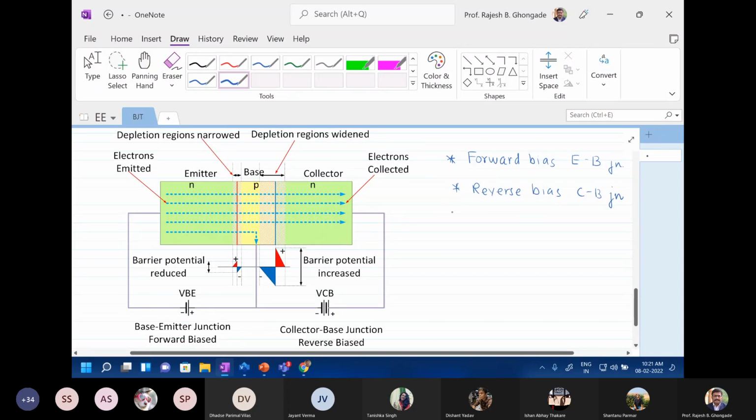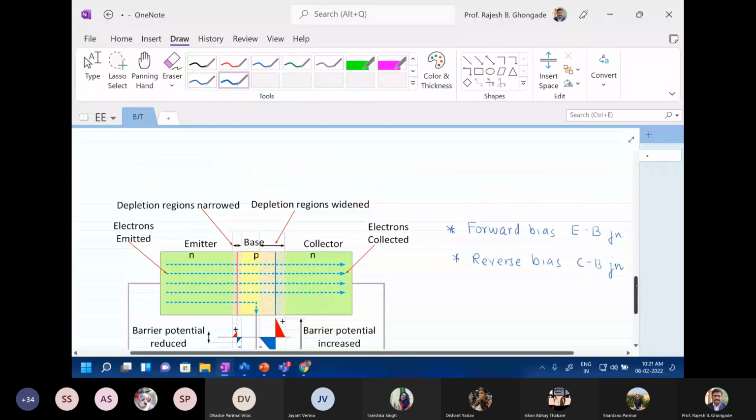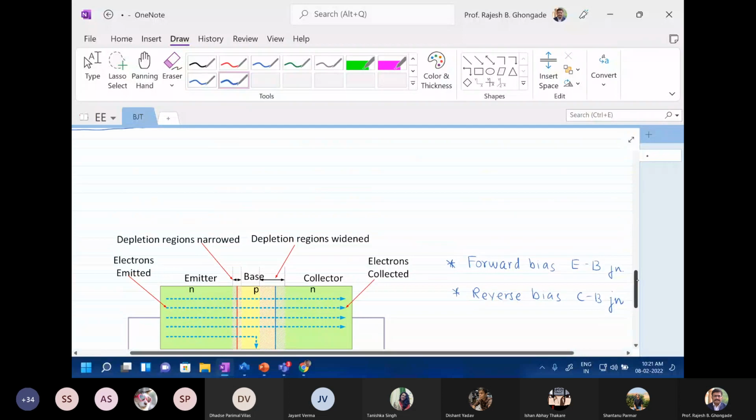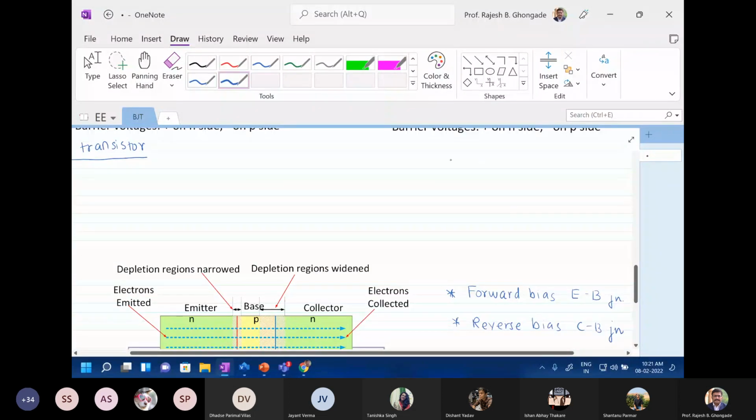अच्छा, फॉरवर्ड बायस एंड रिवर्स बायस कैसे याद रखना है गाइस? Sir, according to which terminal is connected to.